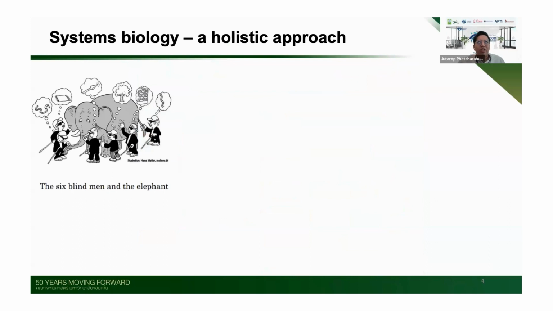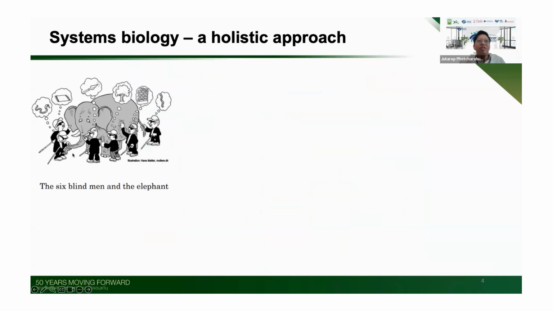Having talked about system biology, this is a holistic analytical approach. If we look at this picture, this is a very classical example that a system biology lecturer would give to learners to understand what it actually is. Before, we would look into different parts of the elephant on its own, individually.